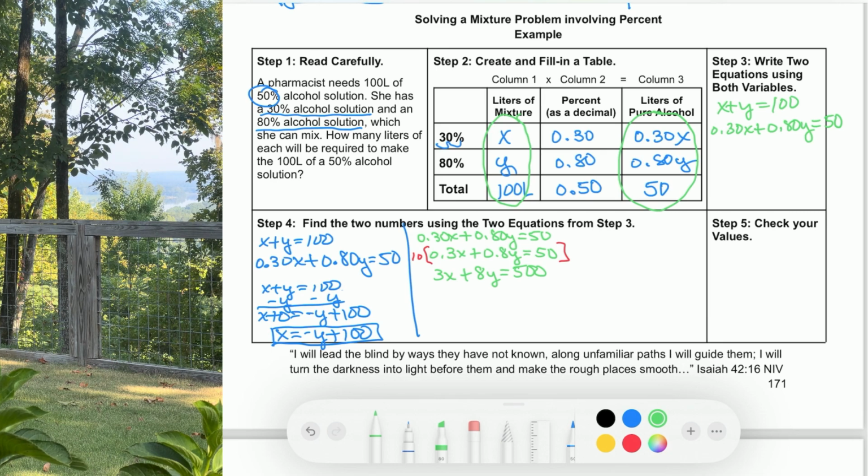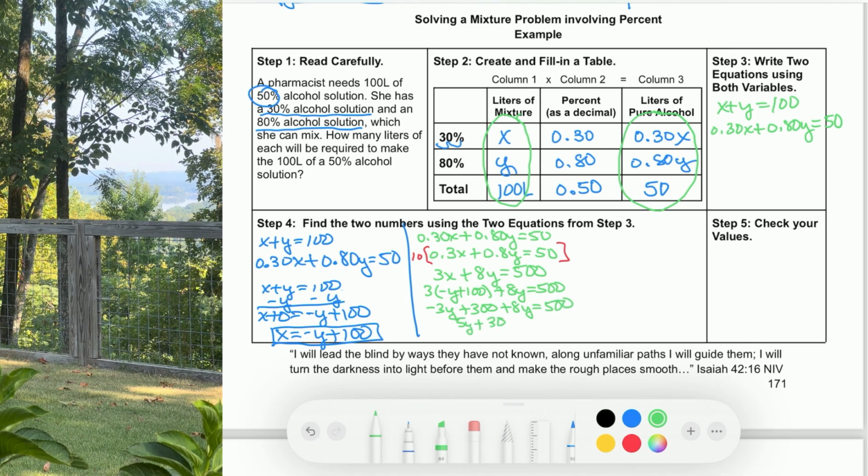So now I'm going to work on substituting in. I have 3 times that negative y plus 100 plus 8y equals 500. We end up with negative 3y plus 300 plus 8y equals 500. Combine like terms. I get 5y plus 300 equals 500.